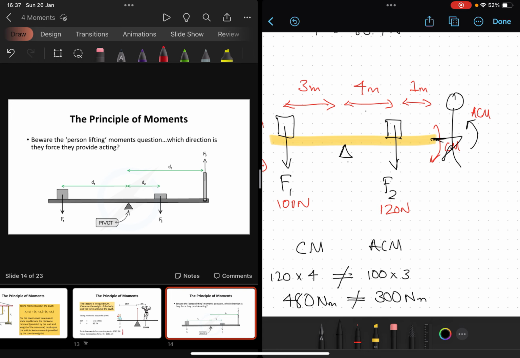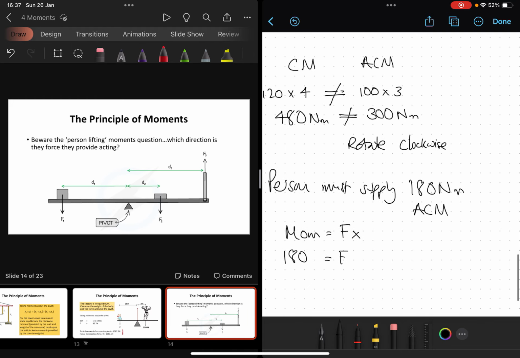In other words, 5 meters away from the pivot. And that means that the person has to supply a 36 Newton force. So a 36 Newton force applied 5 meters from the pivot will provide that 180 Newton meter anti-clockwise moment that we need to keep that in equilibrium.